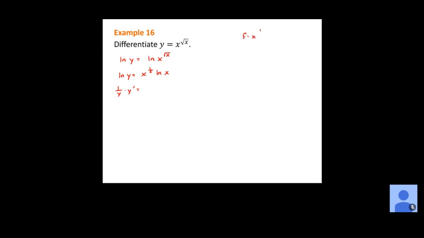and now if we do our product rule, we'll let f be x to the 1/2. Our g function is natural log of x. So what's our derivative for f?